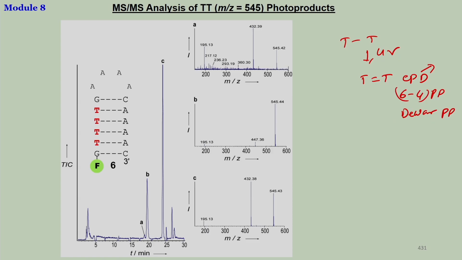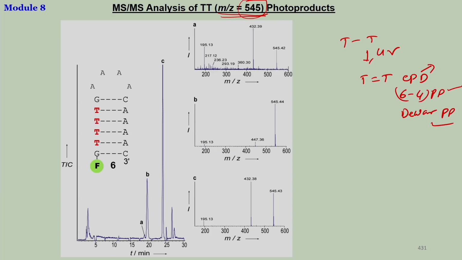So now the question is, how would you know whether the molecule that you have isolated is the 6,4 photoproduct or the Dewar, or whether this is the trans-syn CPD or the cis-syn CPD? That we have analyzed using an MS technique, and here we have selected 545 as the mass.